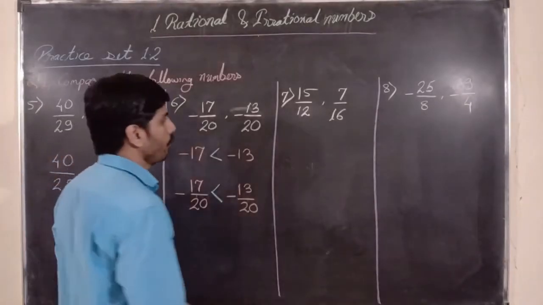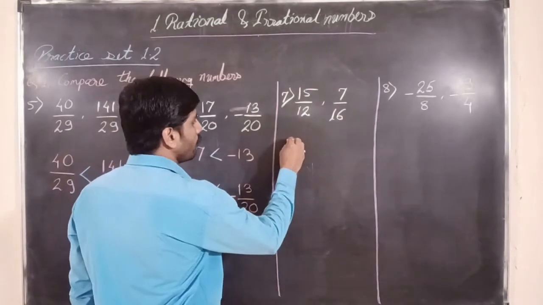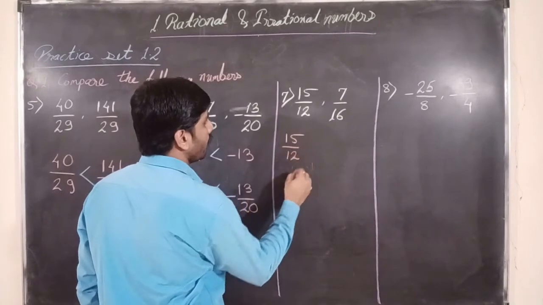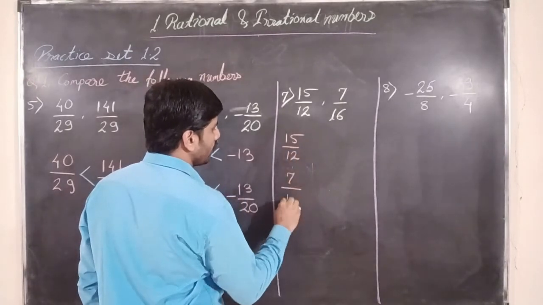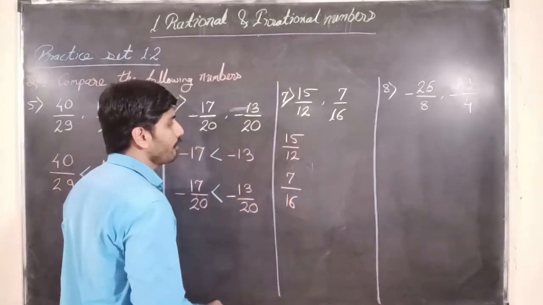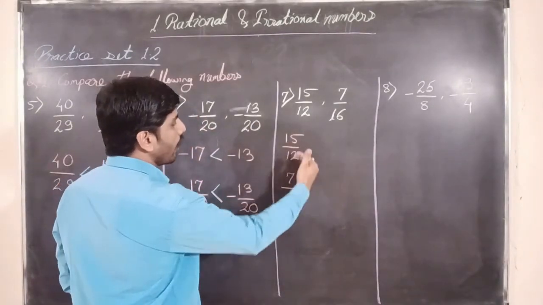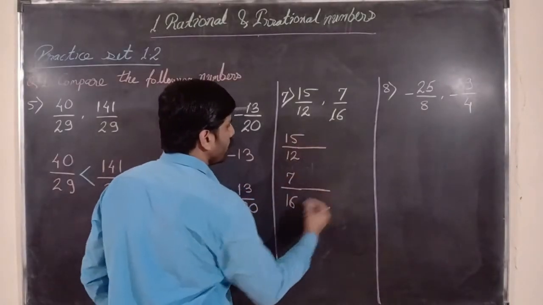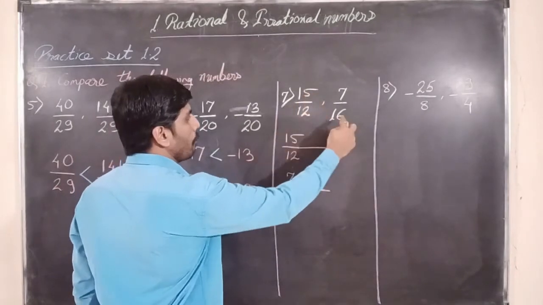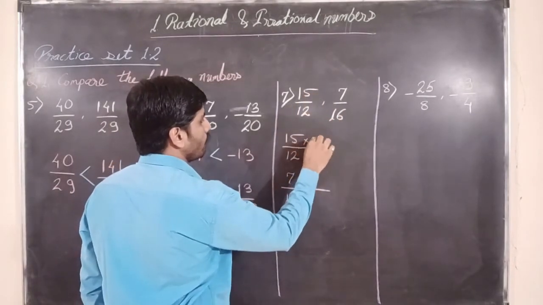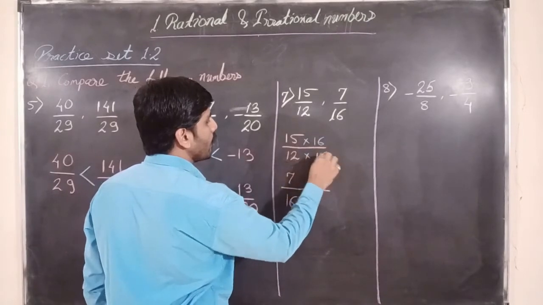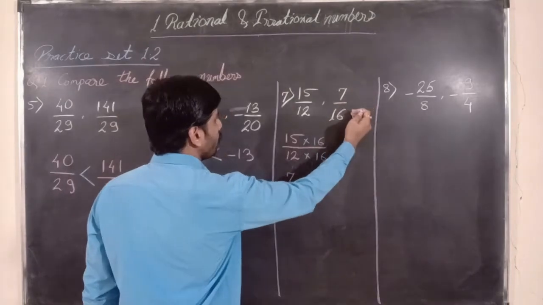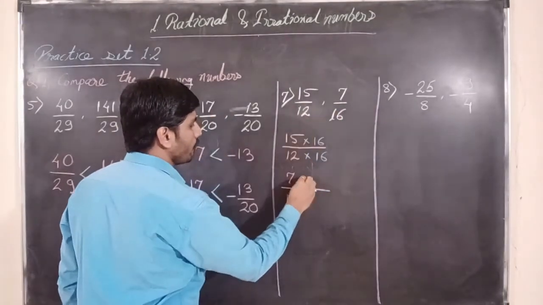In the next example, we have two numbers, that is 15 upon 12 and 7 upon 16. Here denominators are not the same, so we will multiply and divide the first number by 16, that is the denominator of the other number, and then we will multiply and divide the other number by the denominator of the first number.